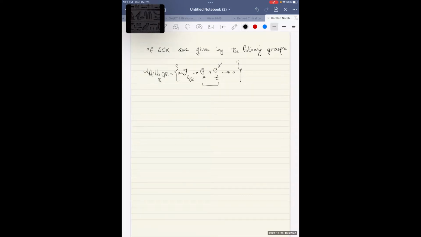If you study the literature on the Hilbert scheme, you can see that the deformation space of this thing is captured by the following groups. Deformations are captured by homomorphisms from I_Z of X to O of Z. Okay, all possible deformations, and the obstructions are given by Ext^1 from I_Z to O of Z.